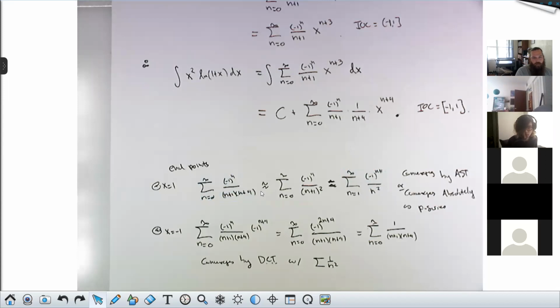In this case, it alternates. In this case, it doesn't. But the inequality here would work nicely, right? n plus 1 times n plus 4 is bigger than n squared, so its reciprocal is smaller than 1 over n squared. So you could direct compare this series to this series. Making sense?